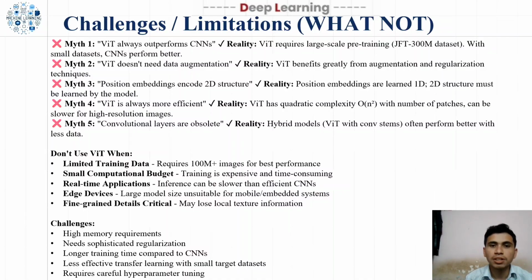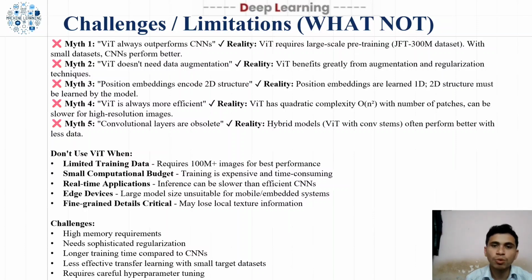There are specific scenarios where we should not use vision transformers. First, when we have limited training data, ViT requires datasets with 100 million or more images for the best performance.